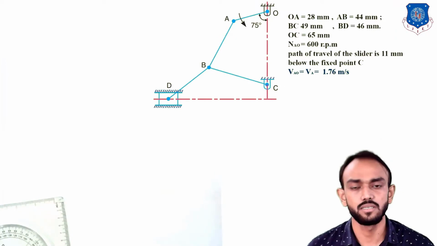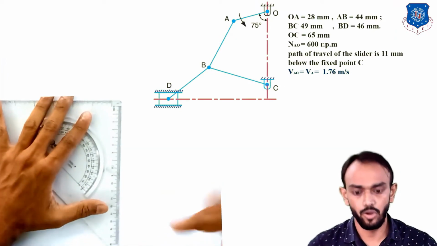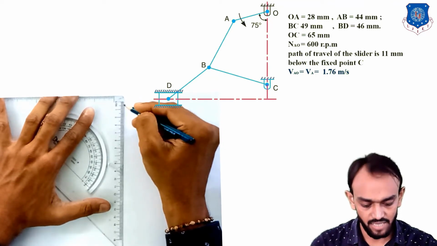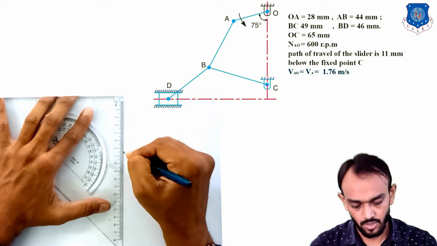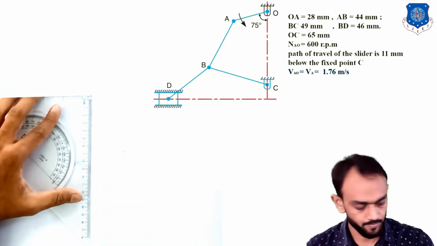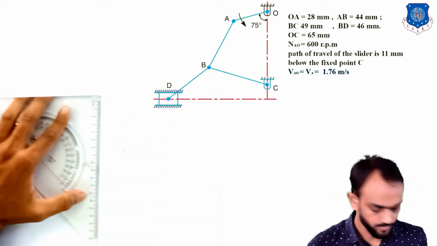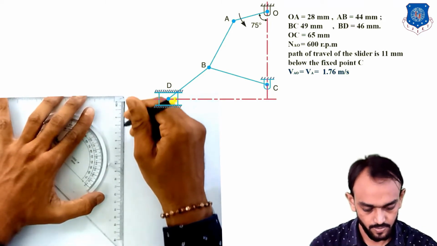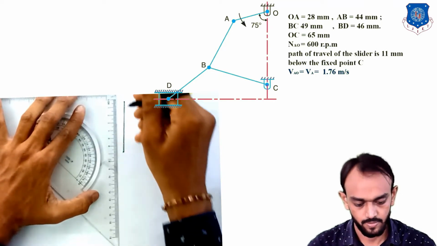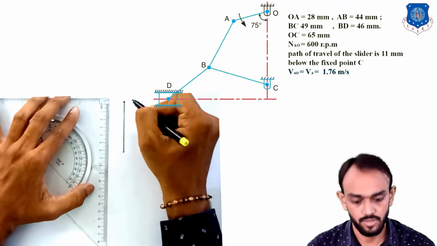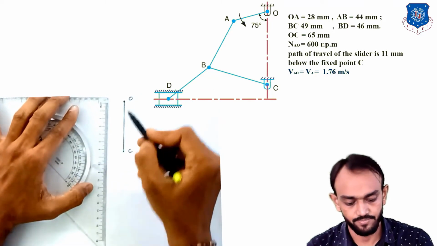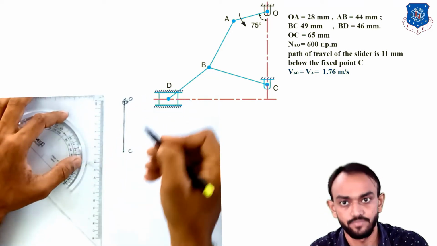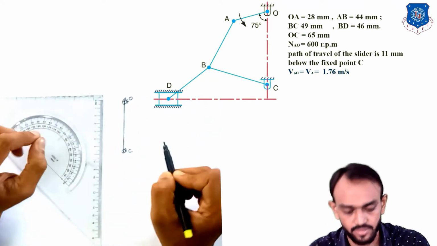So you will draw this space diagram. First of all, you have to make one vertical line here. The length will be 65, because this is the 65 distance between O and C. Okay, and this point O is fixed here, and point C is also fixed here.